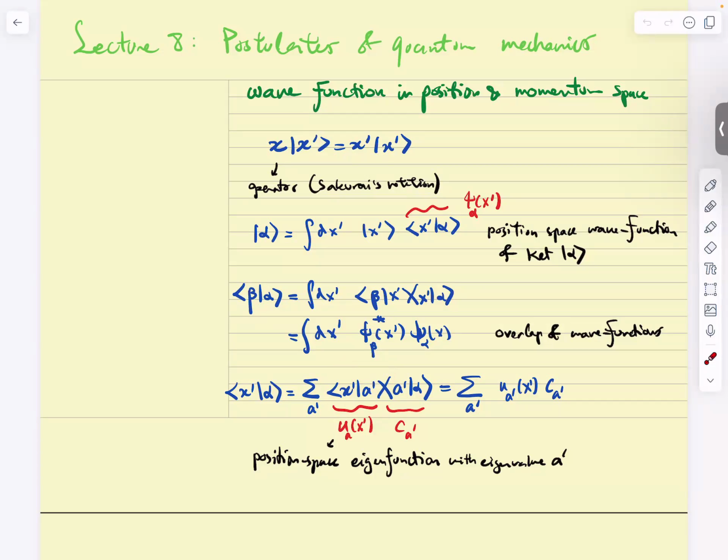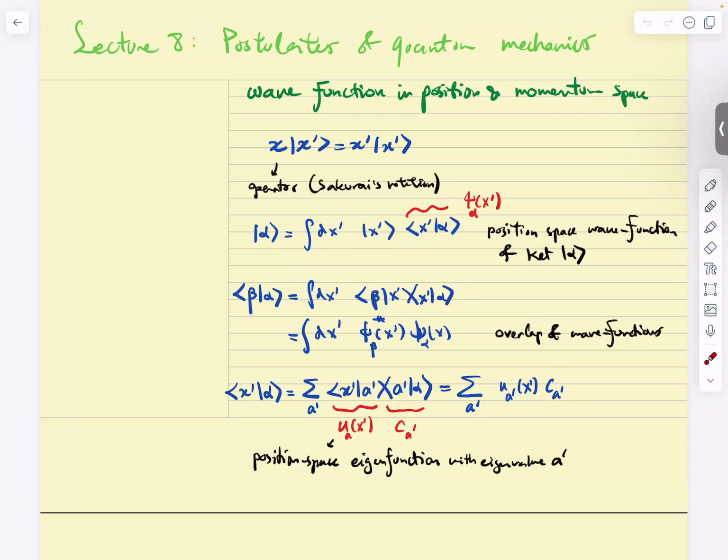This would be the wave function corresponding to the eigenket A prime of observable A with eigenvalue A prime in the position basis, right? So what this tells you is that you could take any wave function written in position basis, and expand it in terms of the eigenfunctions now of A prime in the position basis, right? And these are the corresponding coefficients.